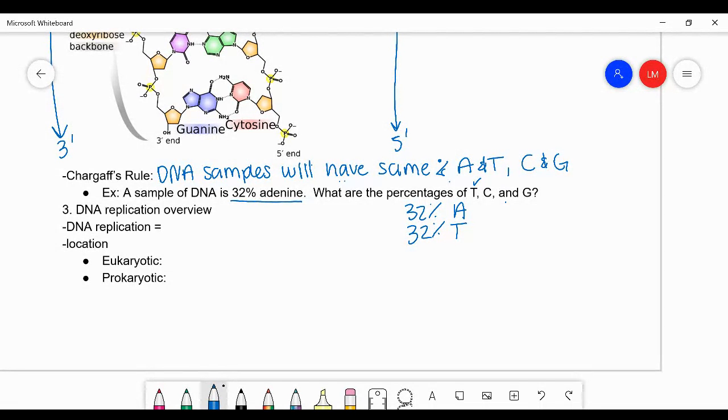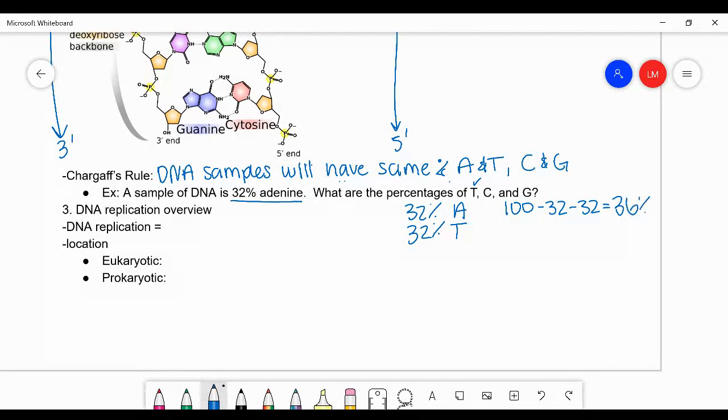So I know I have to have 100%, and I've accounted for 32% and then another 32%, which leaves me with 36% unaccounted for.